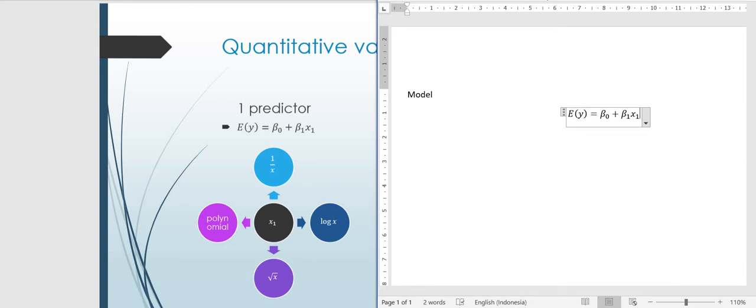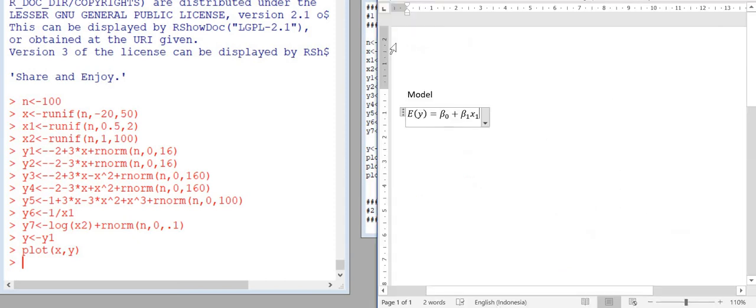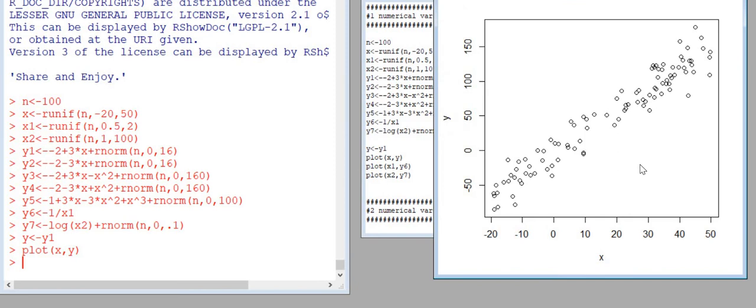And of course, with the expectation that as x increases, y is also increasing, I will expect that the sign of beta 1 should be positive. Okay, so this is something that you are very familiar with.